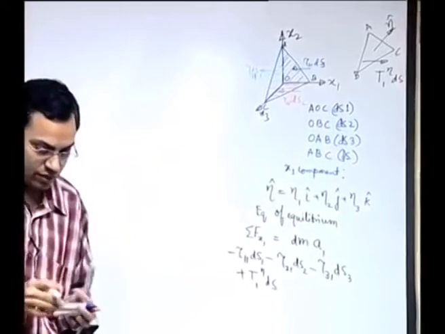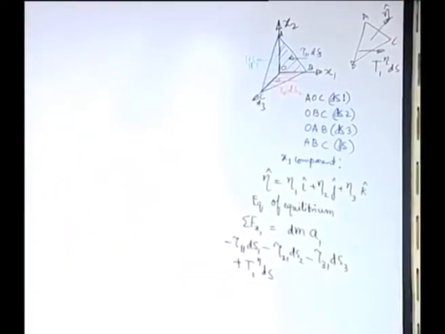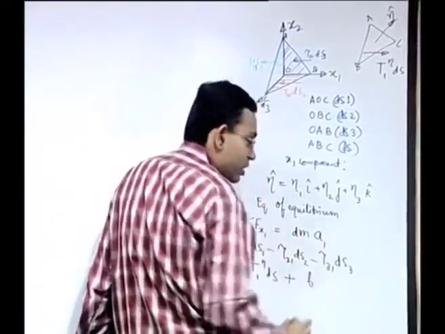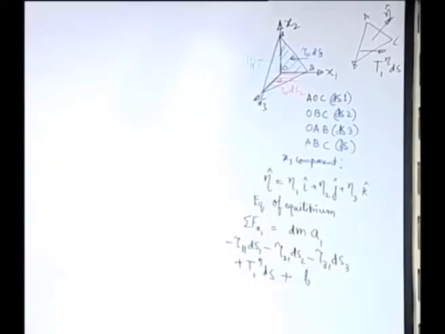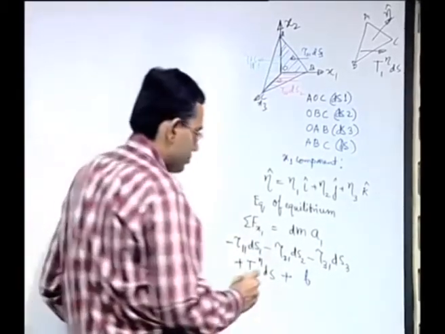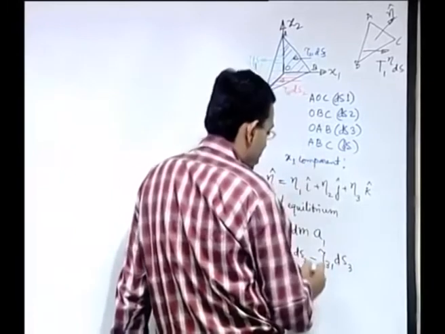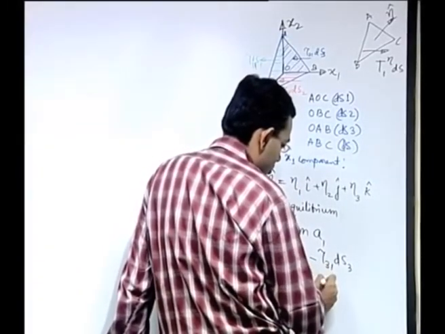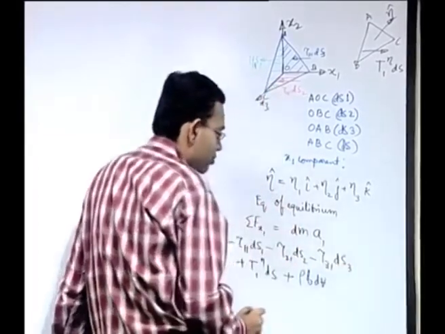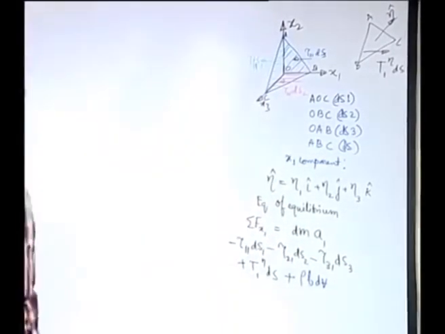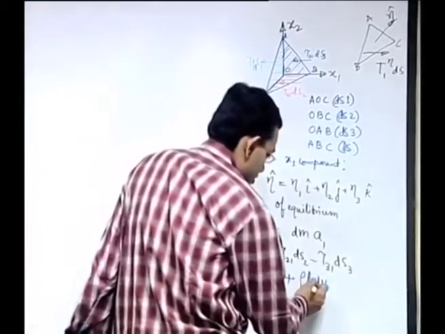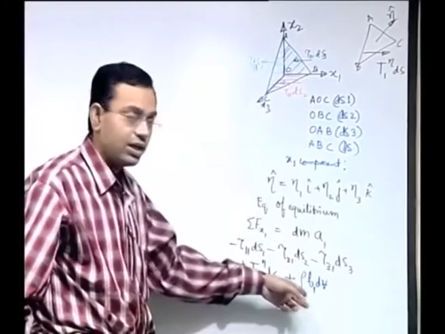Then let us write the body force. So, the body force, let us say that B is body force per unit mass. So, what is the mass of an elemental volume? Rho into dV. So, rho B dV is the body force, we want its component along 1.